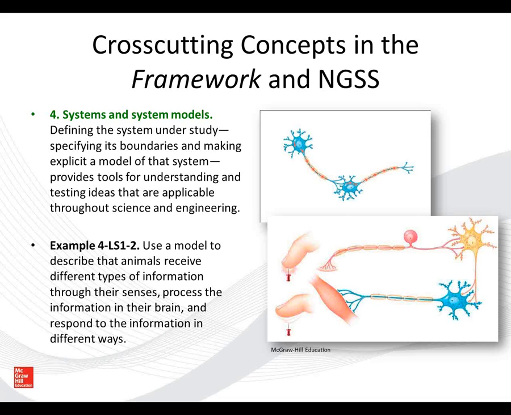Now, the drawings you see look a little complicated at first, but the idea is that the top illustration shows these nerve cells, and they're connected. And the way we think and the way we interact with the world around us is that signals pass from one cell to another. So in the lower example, you can see a finger touching something.